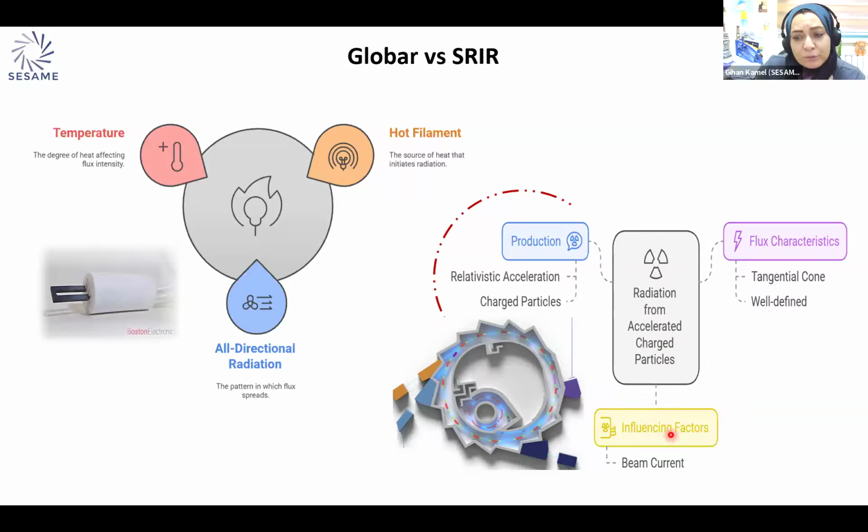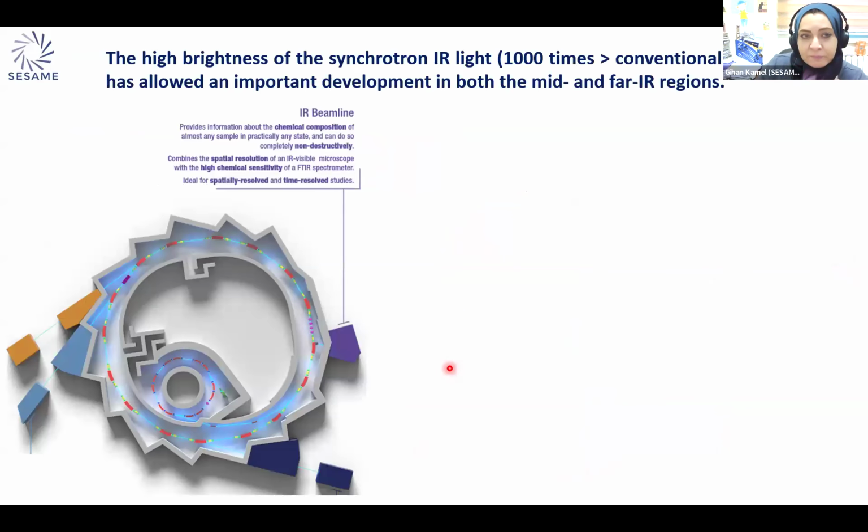For example, the beam current in the machine influences the brightness. And also here, the flux characteristics. This radiation is emitted, you see here, throughout the storage ring in well-defined tangential cones. So this radiation is well-defined, well-collimated, and well-focused.